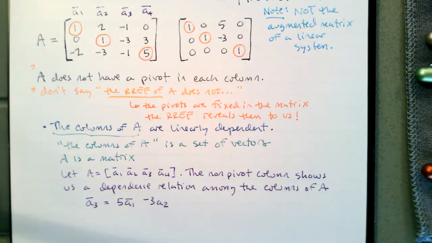But the reason that we would even be doing this in the first place is that A does not have a pivot in each column. It should always come down to the pivots. If you're looking at the reduced echelon form of a matrix, you should always go for the pivots.